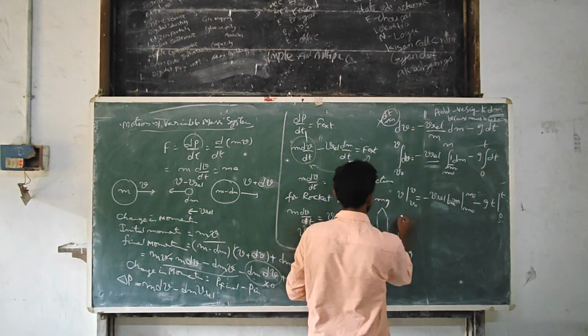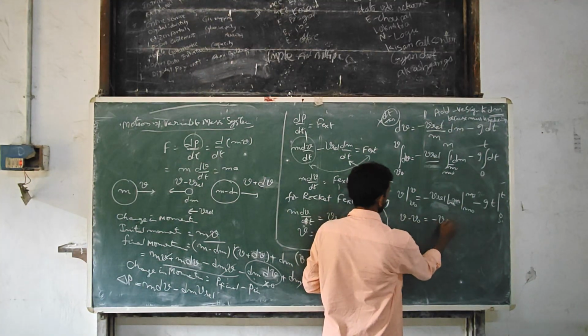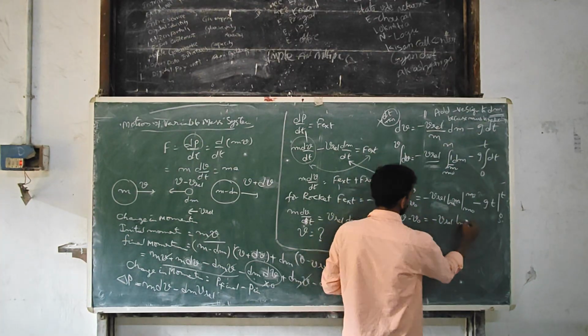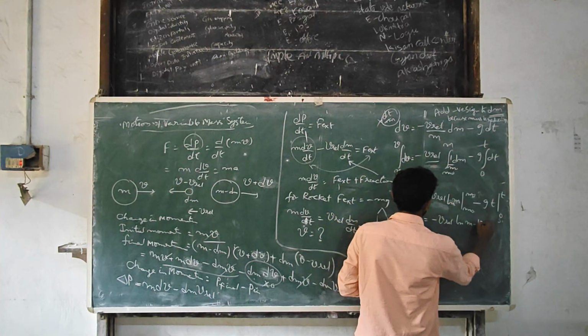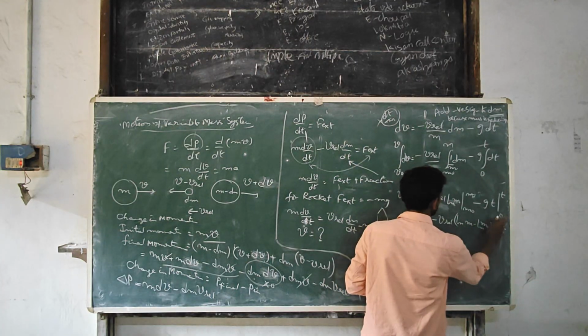So v minus v0 is equal to minus v relative, log m minus log m naught, minus gt.